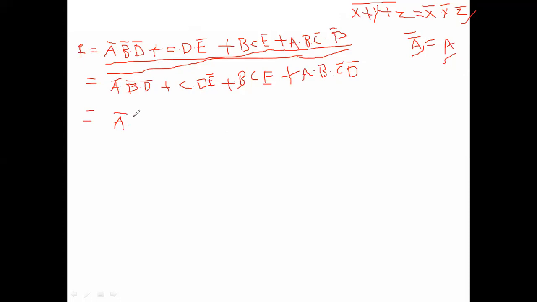A bar, B bar, D bar, whole bar. Okay, dot C, D, E bar, whole bar dot B, C, E whole bar.